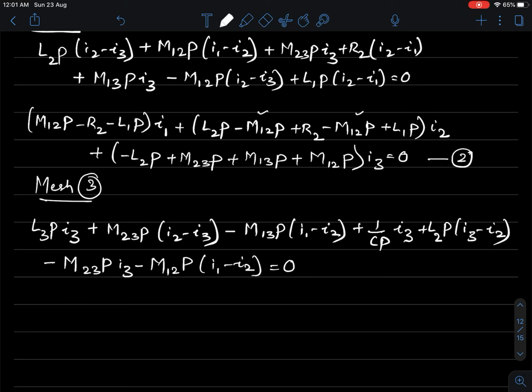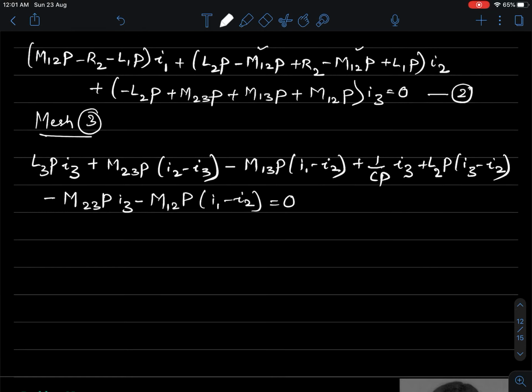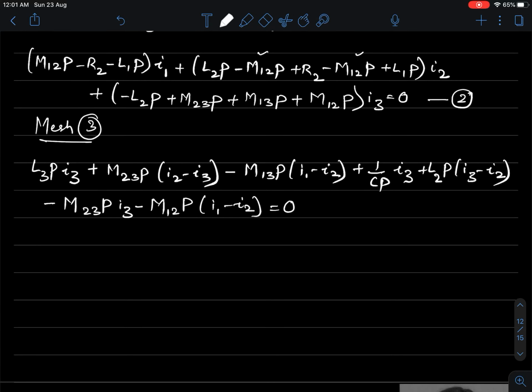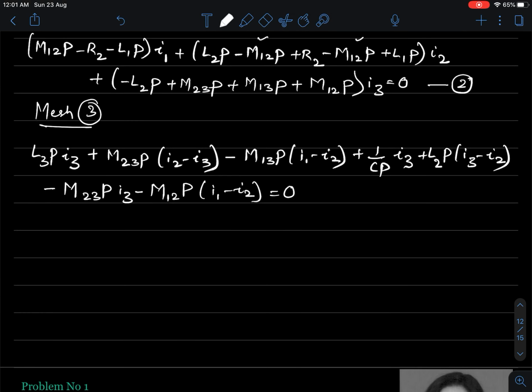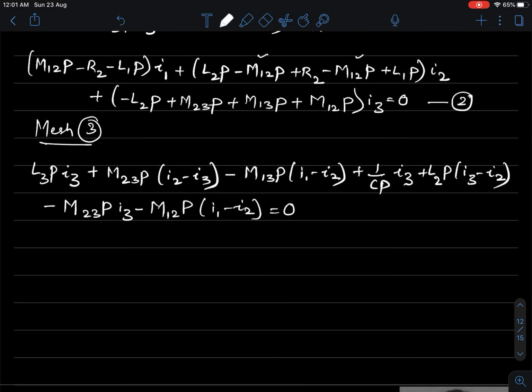I have to group the terms now. If I group the terms, what I get is: minus M13P, then what other term I have, minus M12P, whole thing into I1.